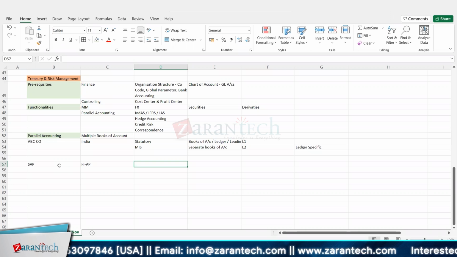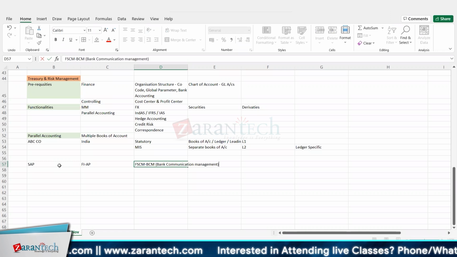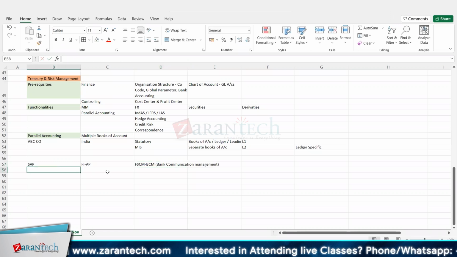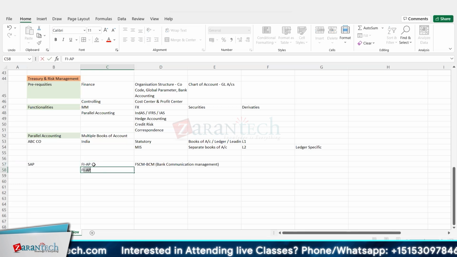If you want to optimize the process, you can implement FSCM BCM, which is called bank communication management. This is the module. In AP, you use the F110 transaction to make a payment, and this transaction will remain as it is.